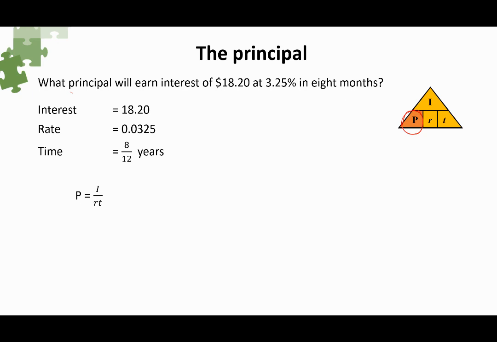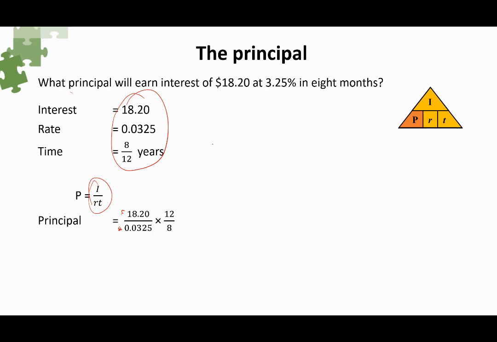And here we go. So you want P, so it's I over RT. Then you just take these numbers that you identified here and you put them into the right side of your equation. So I over R divided by T. When you divide by a fraction, you flip it upside down.